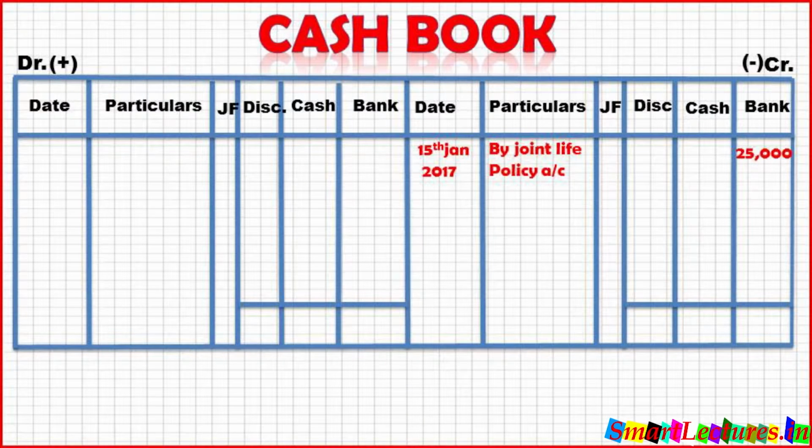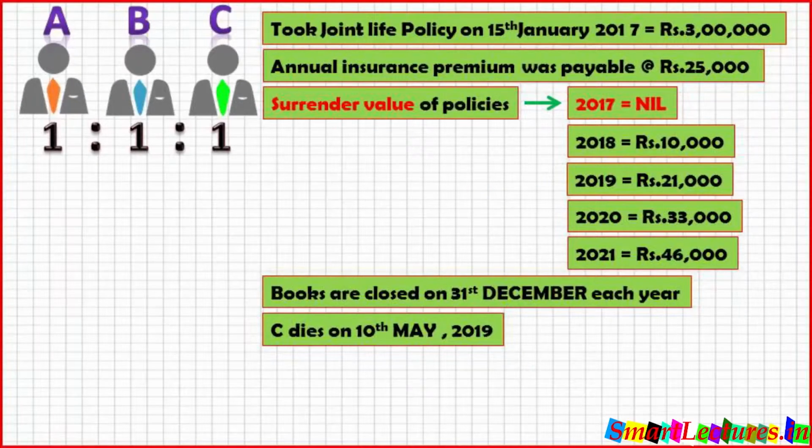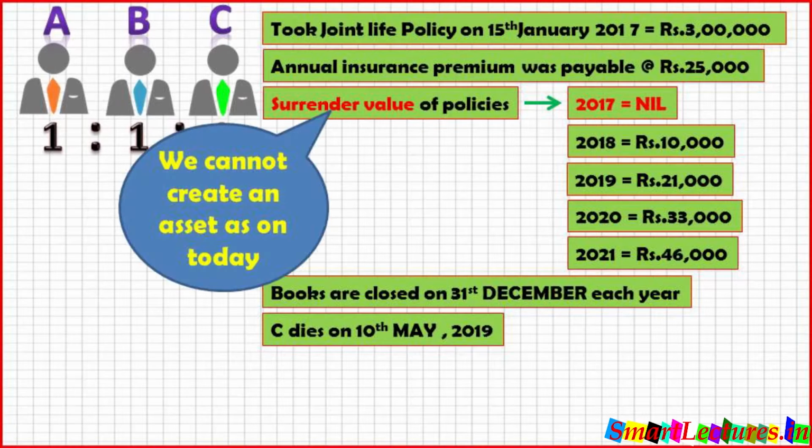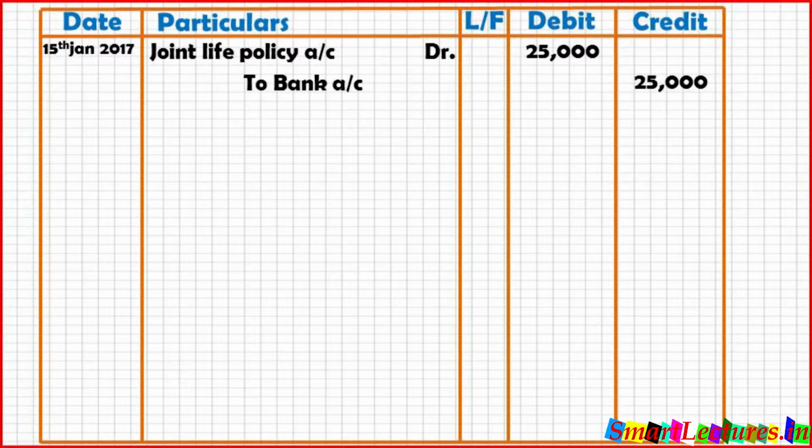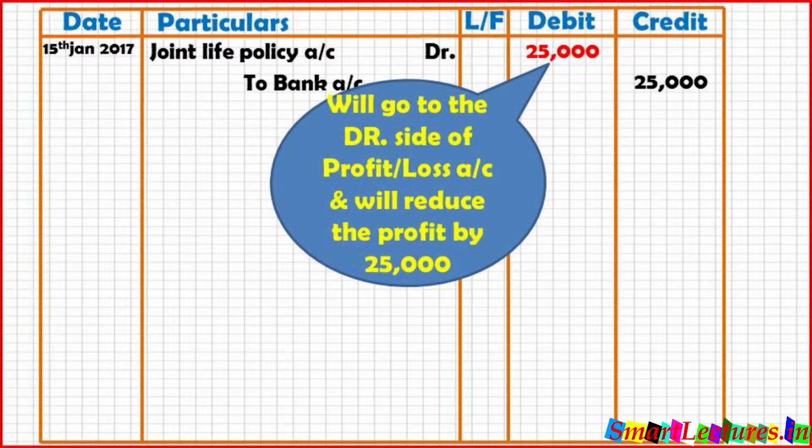And on 31st December 2017, the surrender value is 0. It means we cannot create any asset as on today. It means the money we have paid, the whole of the money will be treated as an expense. It means this 25,000 rupees will go to the debit side of the profit and loss account. It will reduce the profit by 25,000 rupees.